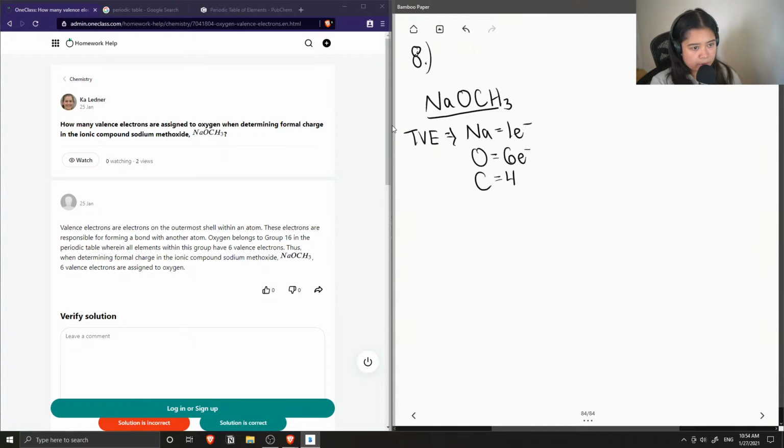carbon has 4, and hydrogen also has 1, but we multiply this by 3 since we have 3 hydrogen atoms in this compound. So now in total, we have 14 valence electrons.